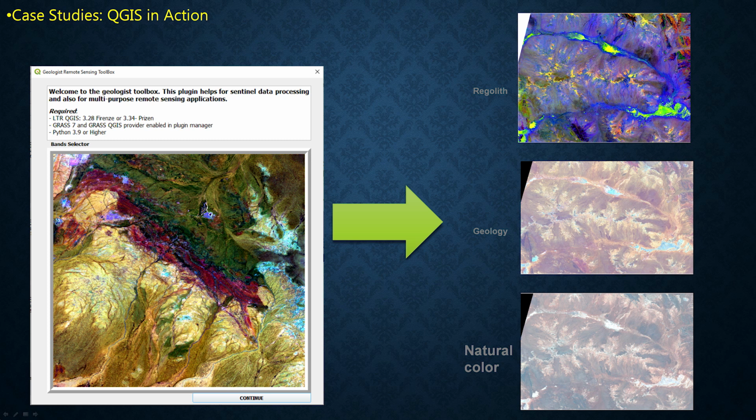This is what the result will look like for this specific data type. So the final product will be the three data types you have there. You have regolith images, geology data, and the natural color image. For a geologist, it may mean a lot. And before even going to the field, you can use this plugin and put in the data and create these images and think of what to do next.